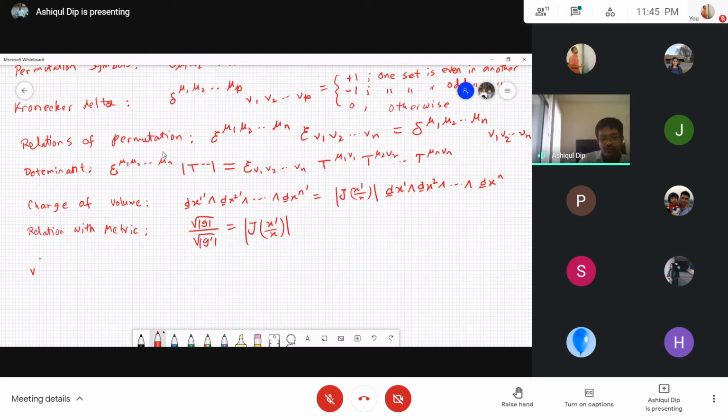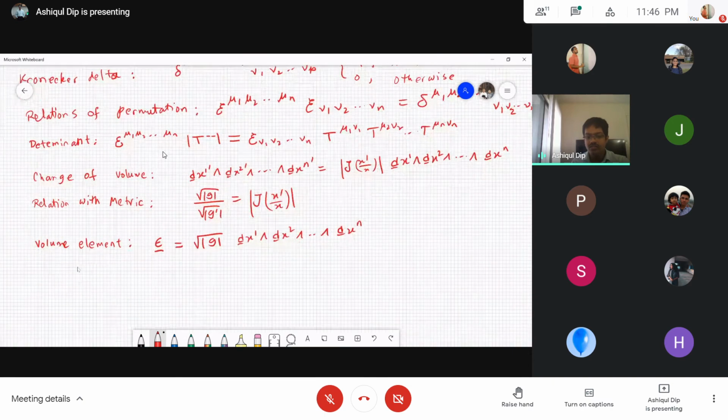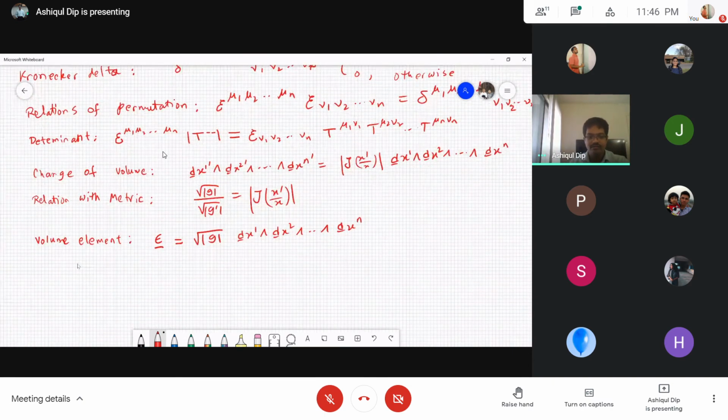Using this, we were able to define our actual volume element. It's written as epsilon, the Levi-Civita tensor, equals the square root of this thing times dx1 wedge dx2 wedge up to dxn. If you go to the new coordinates, just put primes everywhere, right?